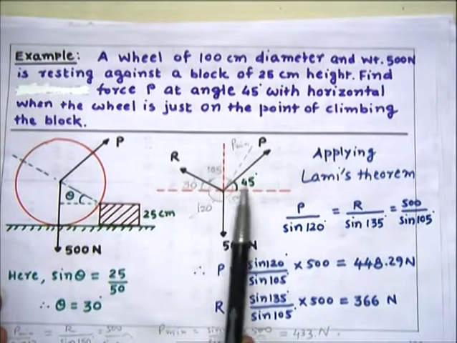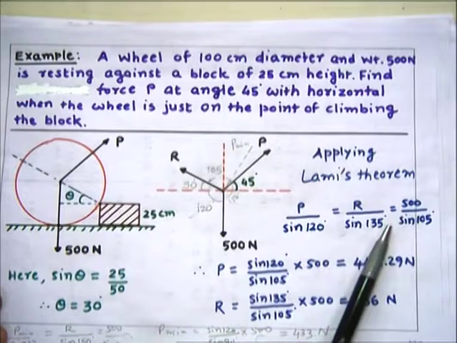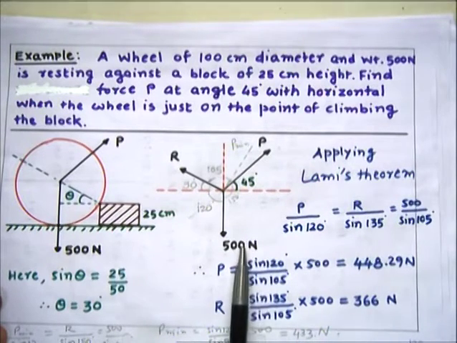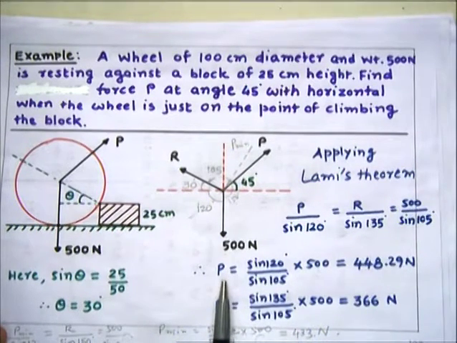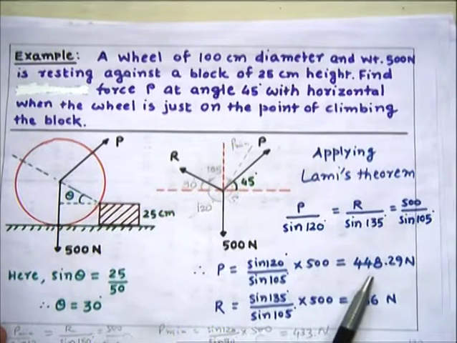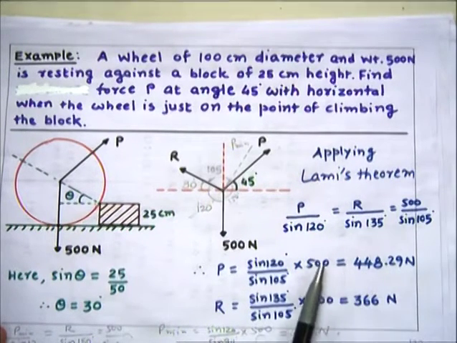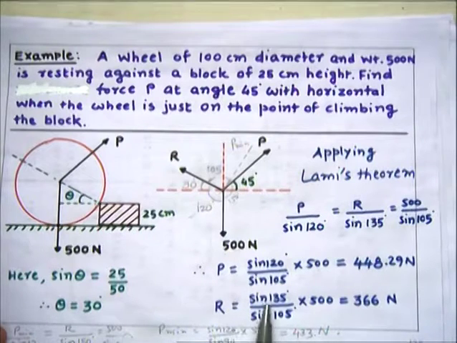Deducting this summation from 180 will be equal to 105 degree. Then solving this, we will get P equal to 448.29 Newton and R equal to 366 Newton.